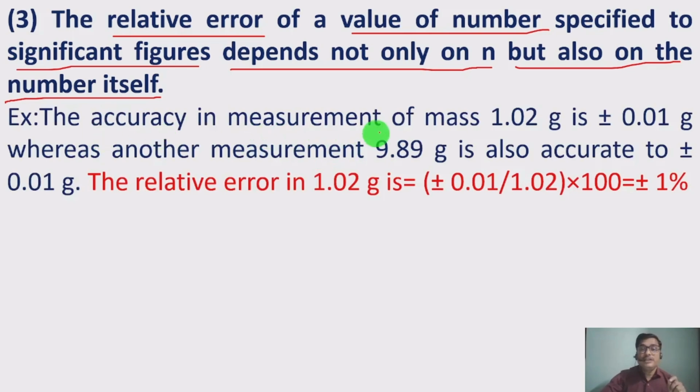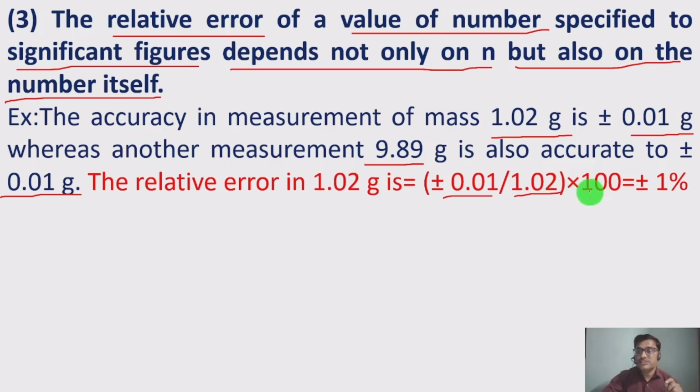The accuracy in measurement of mass 1.02 gram is plus or minus 0.01, that is the absolute error. Another measurement, 9.89 gram, is also accurate to plus or minus 0.01 absolute error. The relative error in 1.02 is the absolute error by the true value, 0.01 by 1.02.